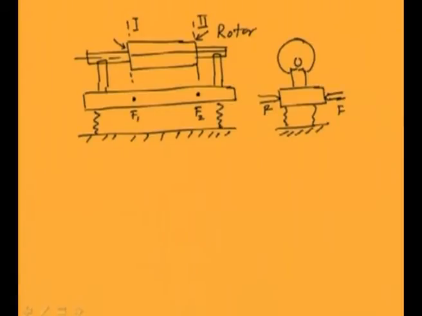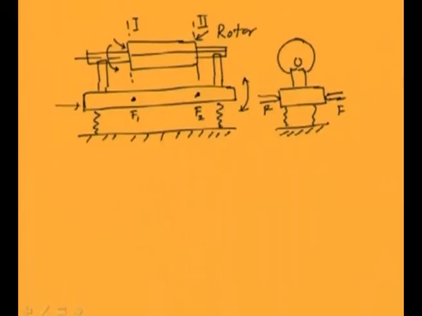Now when we are rotating the rotor by some external means, by a belt and pulley arrangement, we can fix this particular foundation either at F1 or F2. If we are fixing at F1, this whole structure can oscillate about F1, and when we are fulcruming about F2, the whole structure will oscillate about F2.